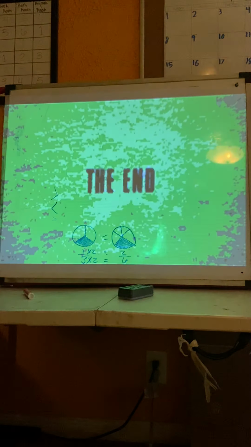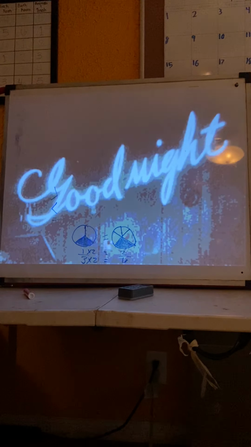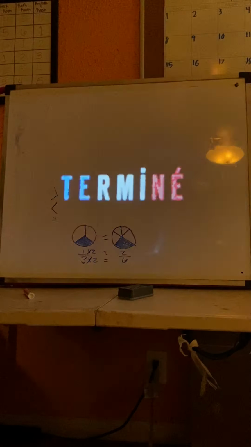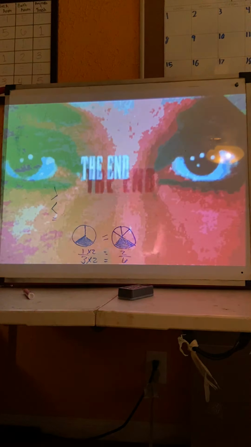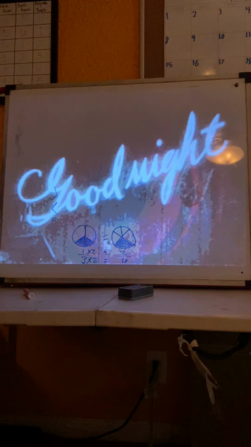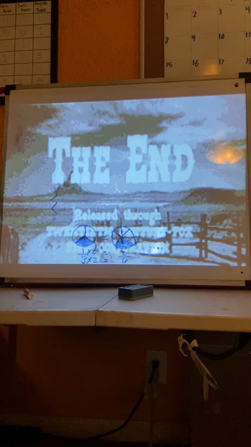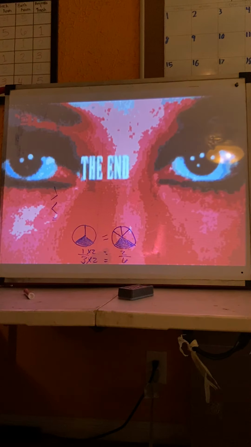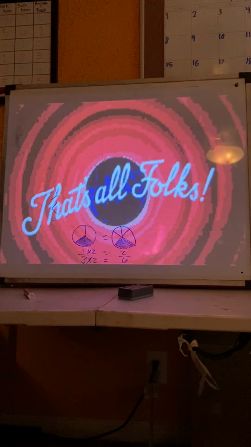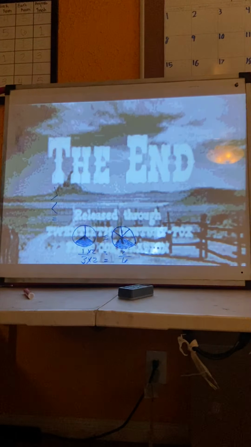I can't stress this to y'all enough. Whenever you're comparing fractions and your numerators are the same, compare the denominators. The smaller the denominator, the bigger the fraction, okay?